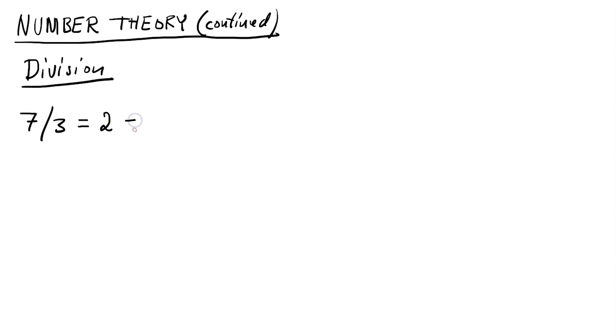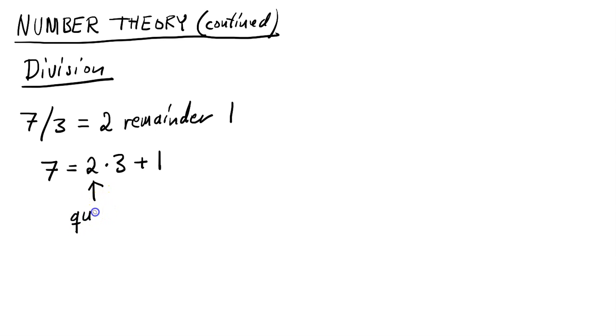But then we have a remainder of 1. And that's because 7 is equal to 2 times 3 plus 1. So this here is called the quotient. And this is called the remainder.